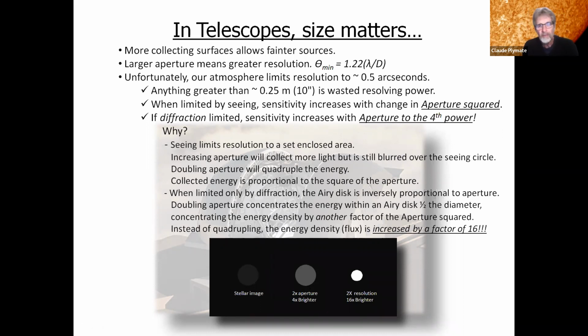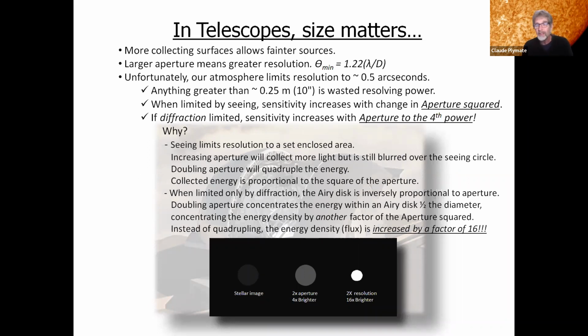However, if you're able to maintain the diffraction limit as you go to larger aperture, your resolving power of the telescope goes up, and the enclosed circle of energy gets smaller. In other words, double your aperture, the Airy disk is half the size.